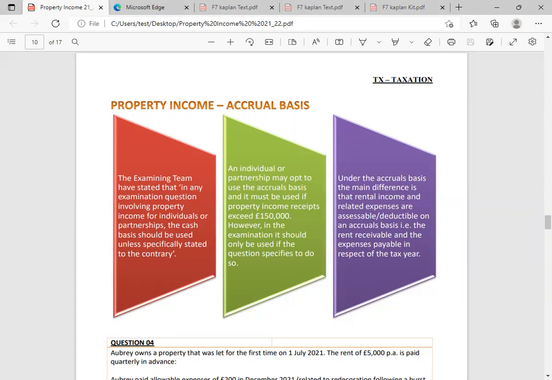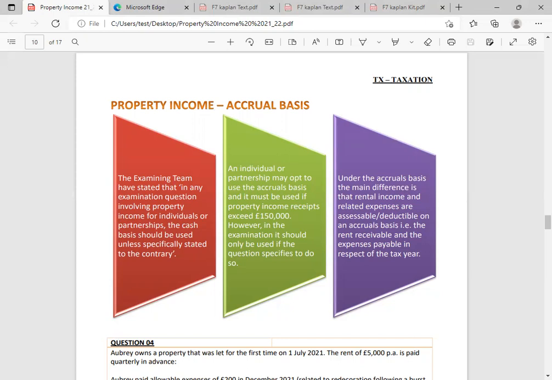But if the examiner states to use accrual basis of accounting, then only we have to use accrual. In the TX paper or ATX paper, we are not supposed to use accrual basis unless the examiner states that. Got my point?